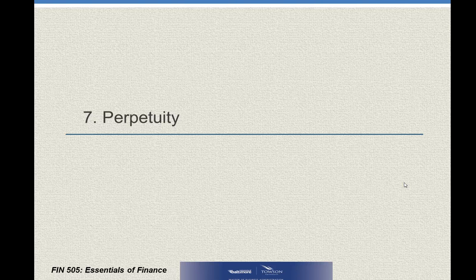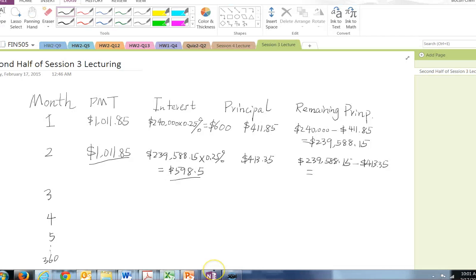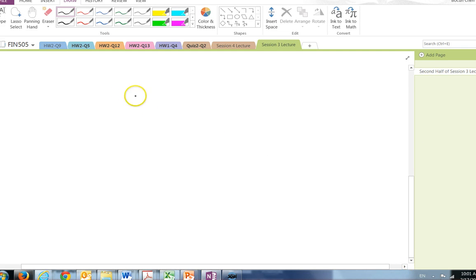So two examples. One is the British government back in 1770, I believe. They issued a security, and now we have a name for that security, called the CONSOL. So it's a type of bond. Let me write down this name, CONSOL. So that's back in probably the 1770s.